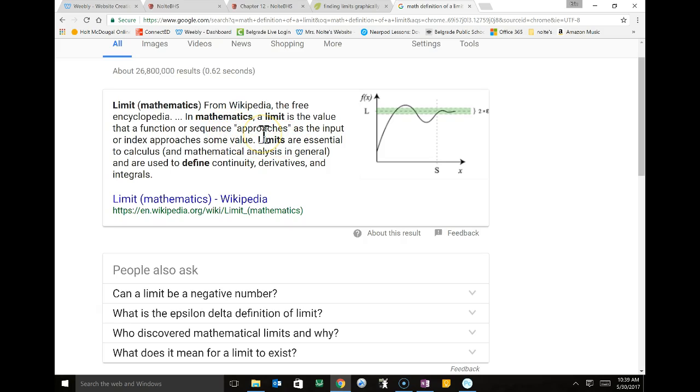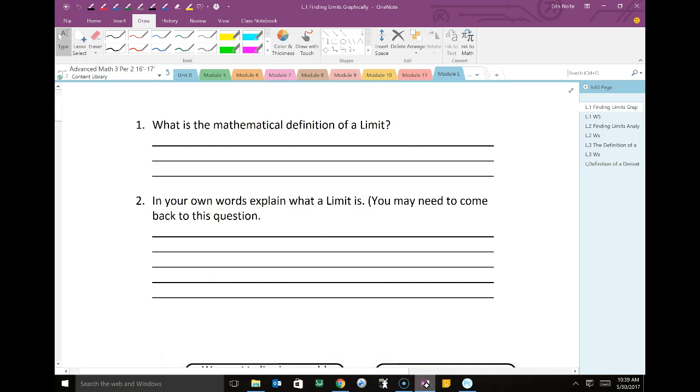Maybe that makes sense to you, and I'm going to guess maybe it doesn't. So what that really means is a limit is the y value that a function approaches at some given x.